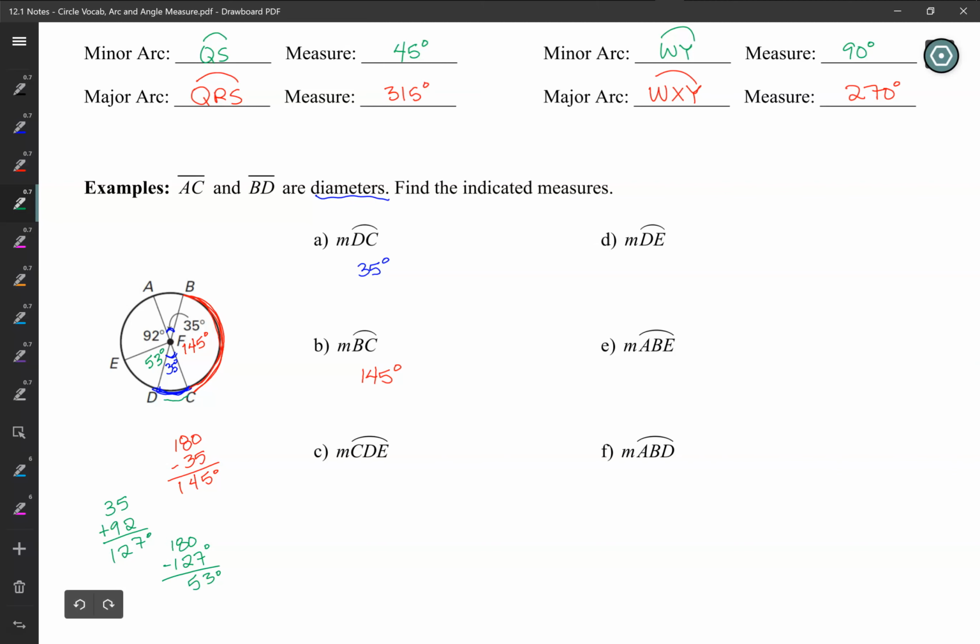So I start at C, I go past D, and I end at E. So I have two angles to add together there. So 35 degrees plus 53 degrees equals 88 degrees. All right. Measure of arc DE. Okay. That's that one, I have that one in green. That's 53 degrees.